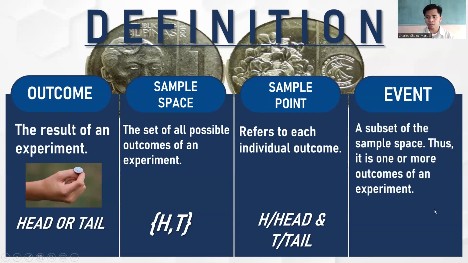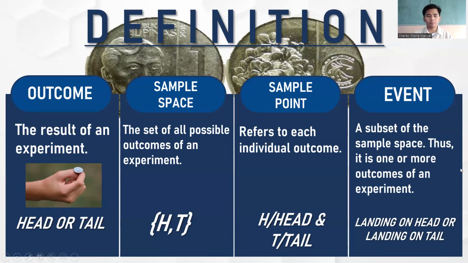It is a subset of sample space, thus it is one or more outcomes of an experiment. Now, since dito sa subset, sa event, ito yung subset ng sample space natin. So, it's either landing on head or landing on tail, yung magiging event natin. Okay?